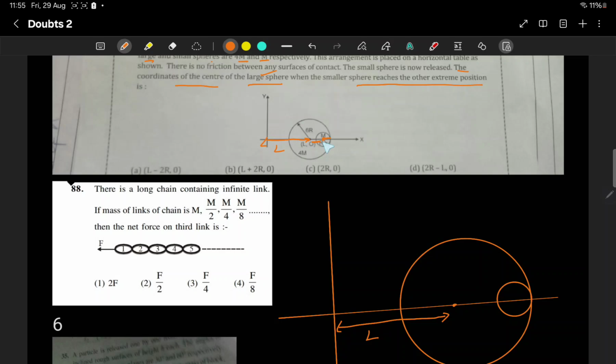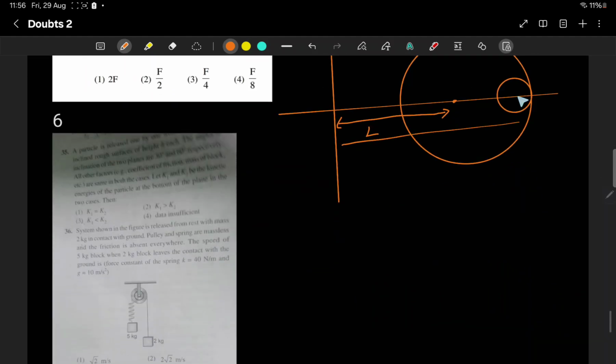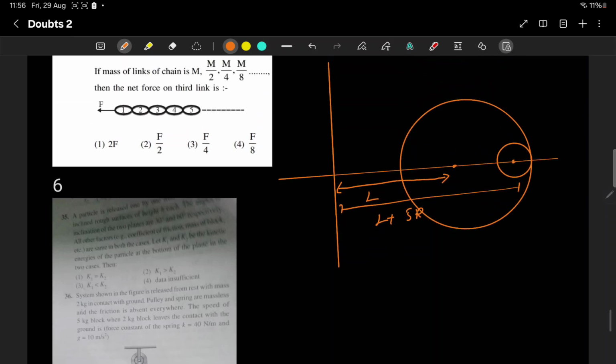So the coordinate of the smaller sphere will be L plus 5r. Sorry, I made a mistake, this is L, the center only.